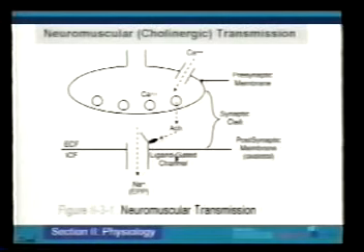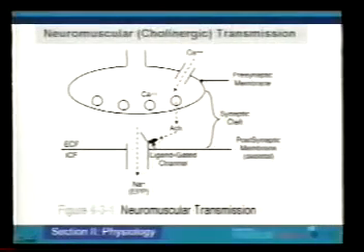Instead, it has ligand-gated channels, and the receptor here is for the transmitter acetylcholine.